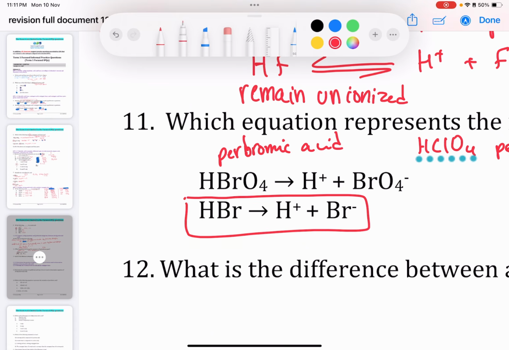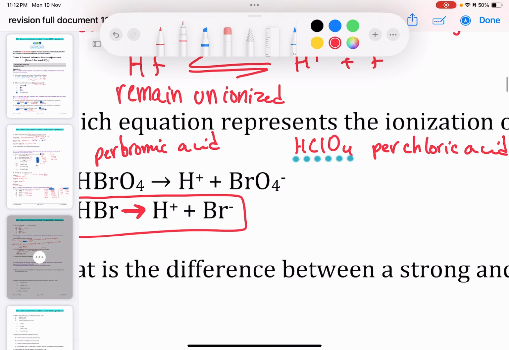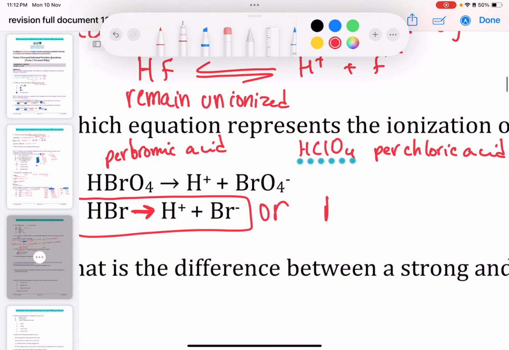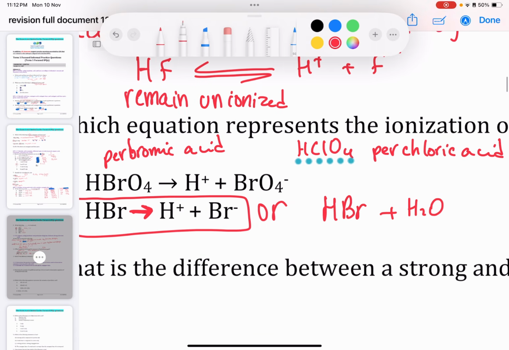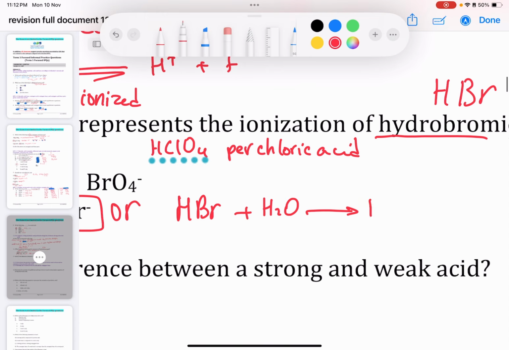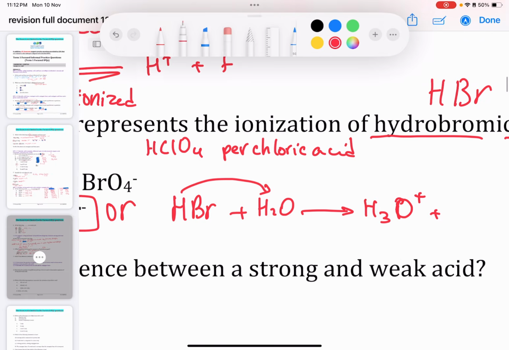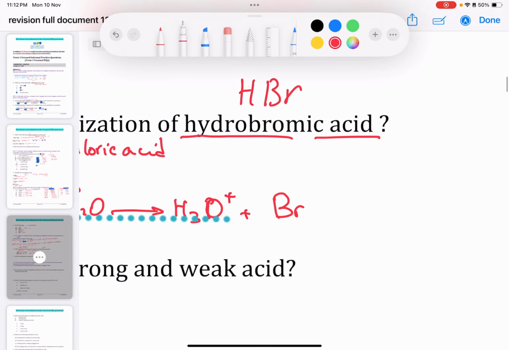Hydrobromic acid ionizes in this way, and I chose it also because it's a one-side arrow. This could be also written like this: HBr plus H2O, one-side arrow, giving H3O plus, being this one a donor, and Br minus.